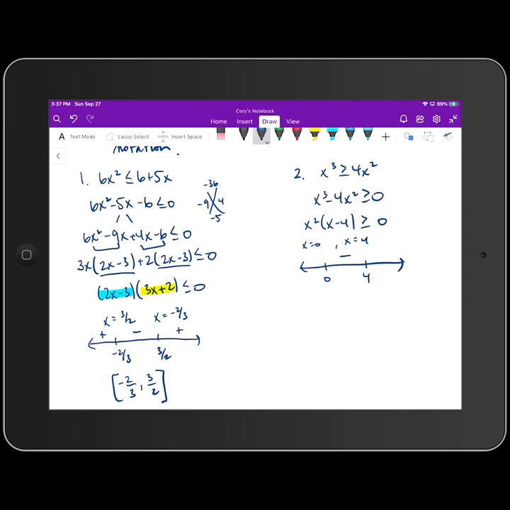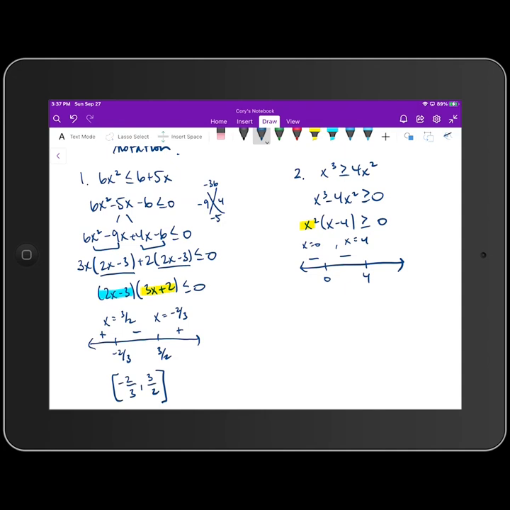So let's use the multiplicity of our zeros to find the signs on the outer intervals. Let's do the left one first. When I look at the multiplicity of the x-intercept at 0, it's 2, it's even, which means the graph has to touch the x-axis at that point. So the signs on both sides of that interval are going to be the same.